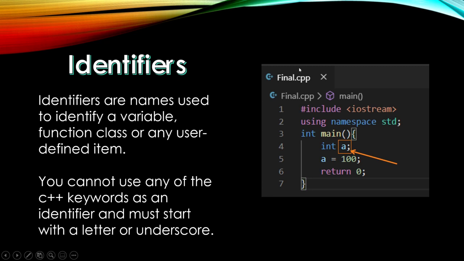For example, you cannot use hashtag include because this means something in the program. You cannot use iostream as a variable name, as an identifier, because all of those things are already in the program and they mean specific things that are not free to use. The identifiers must start with a letter or an underscore.